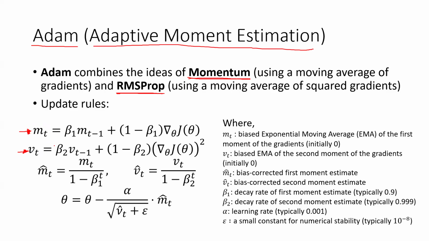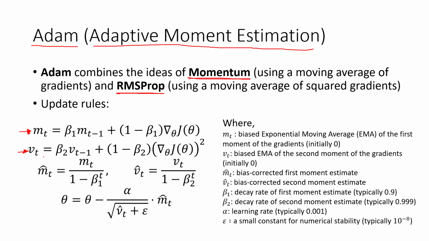Do not be confused with the Vt used for the momentum calculation. This is a different value. So this is the first moment and this is the second moment, right?